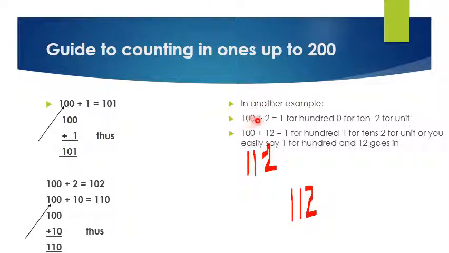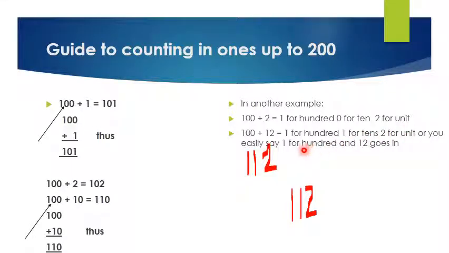We said 100 plus 2 is equal to 1 for hundreds, 0 for tens, and 2 for units. That is 102. 100 plus 12 is 1 for hundreds, 1 for tens, and 2 for units.